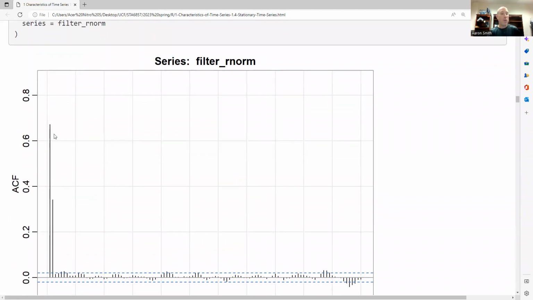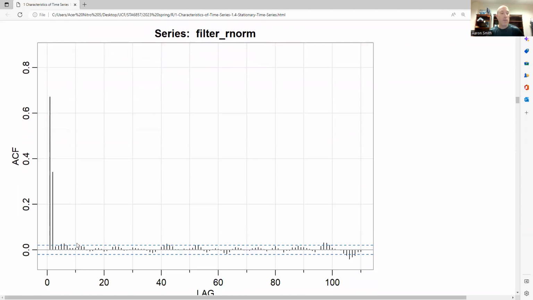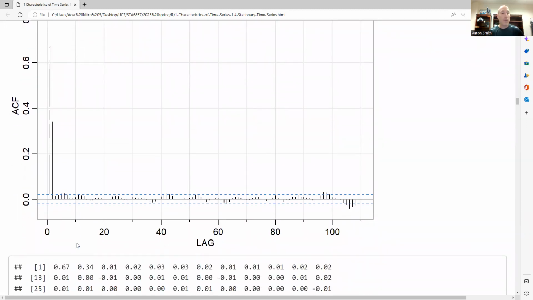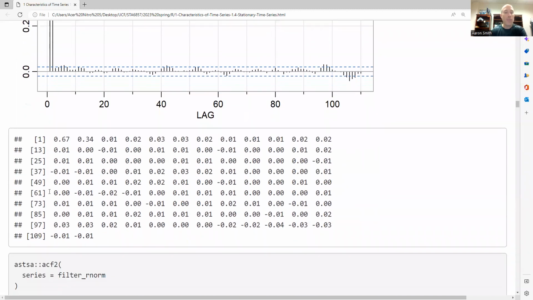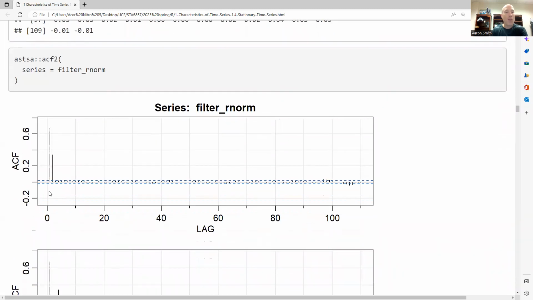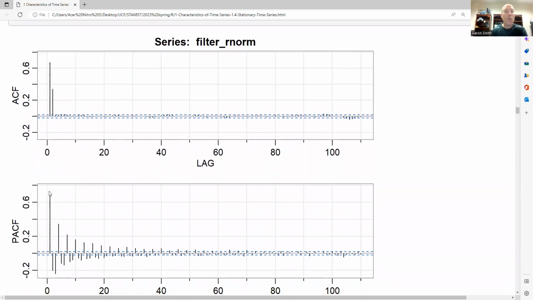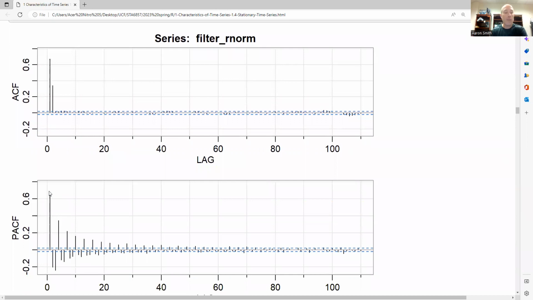Here we can see that the correlation actually just drops off absolutely as we move to the right. Once the lag gets larger than 2, boom, it's gone. And here we're seeing the same thing, just presented with a different plot.